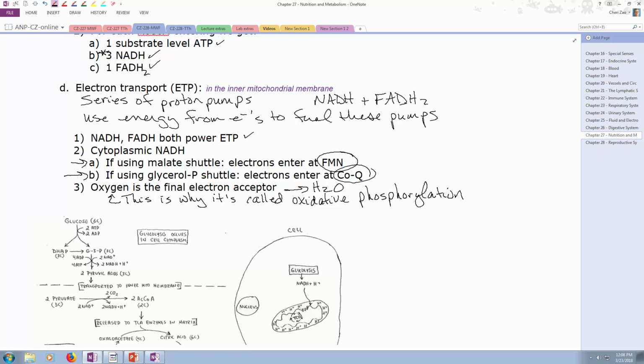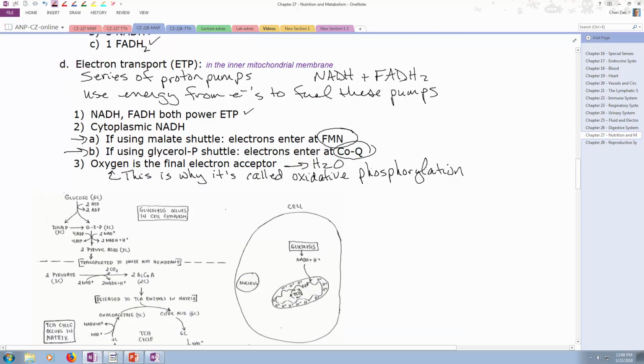So that's one of the reasons why water is part of that chemical reaction that we see when we talk about the breakdown of glucose. And so oxygen is the final electron acceptor. That's why we call it oxidative phosphorylation, and we end up with water because of that.